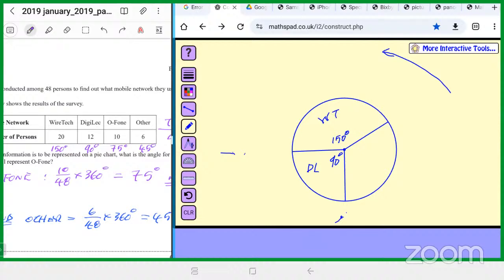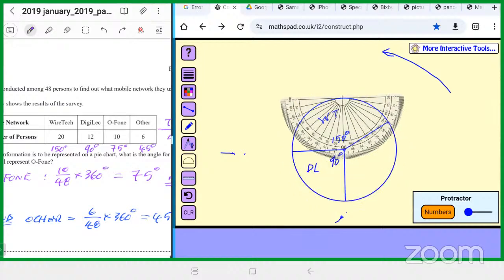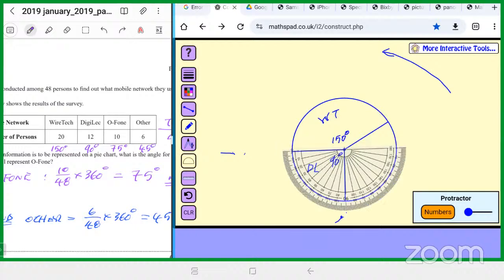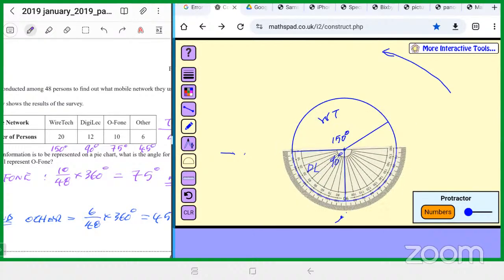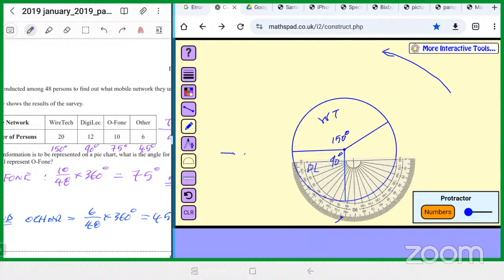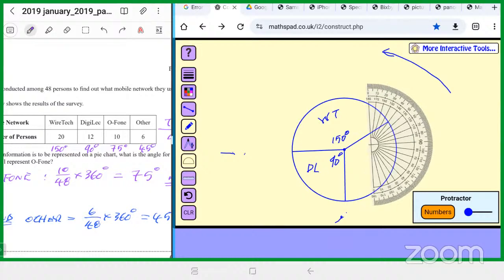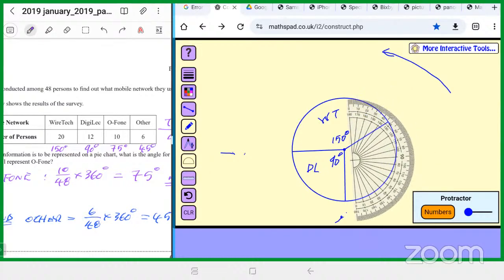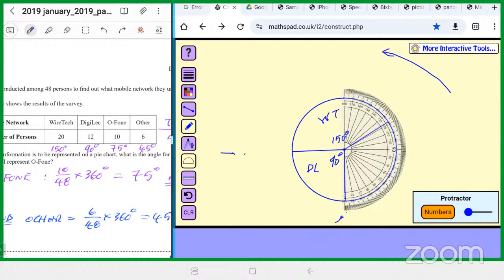So I'm going to bring back this thing and rotate it again to the baseline. Oh, don't move, don't move. I'm going to rotate it. Why is it moving? I want it to rotate. It's not, okay. All right, put the baseline through 0 again.